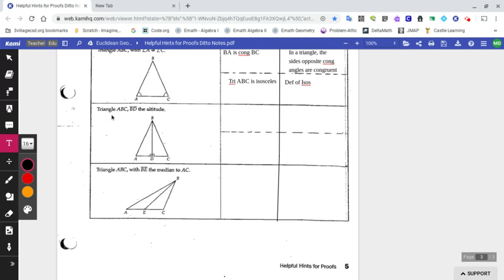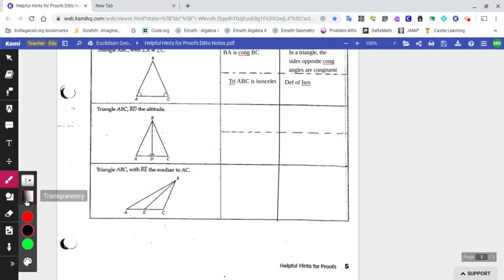Now what does this one say? ABC, BD is the altitude. Well, what does altitude tell you? Remember what an altitude is. An altitude is a segment drawn from a vertex perpendicular to the opposite side.